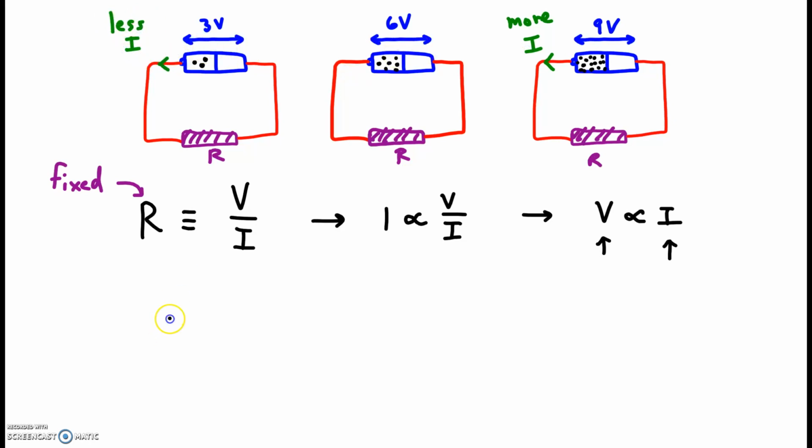If we make a plot with the different battery voltages or potential differences and current, what kind of graph do we get? The graph of a direct proportionality. This is called Ohm's law.